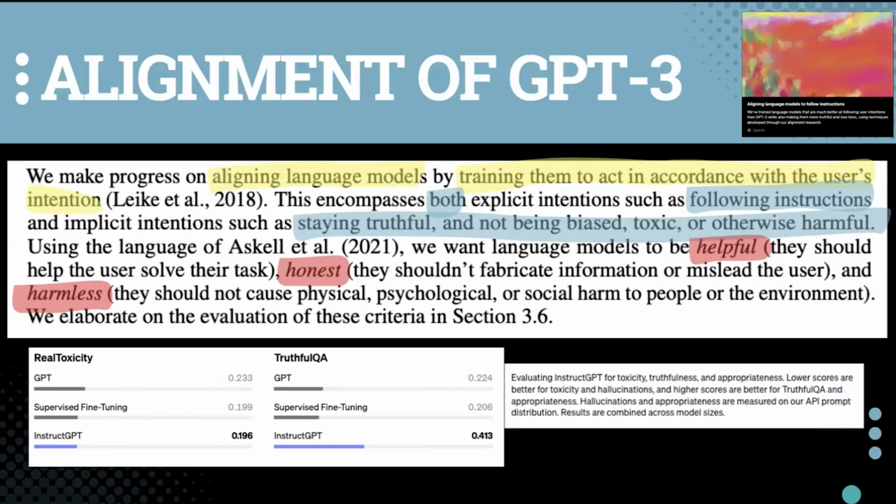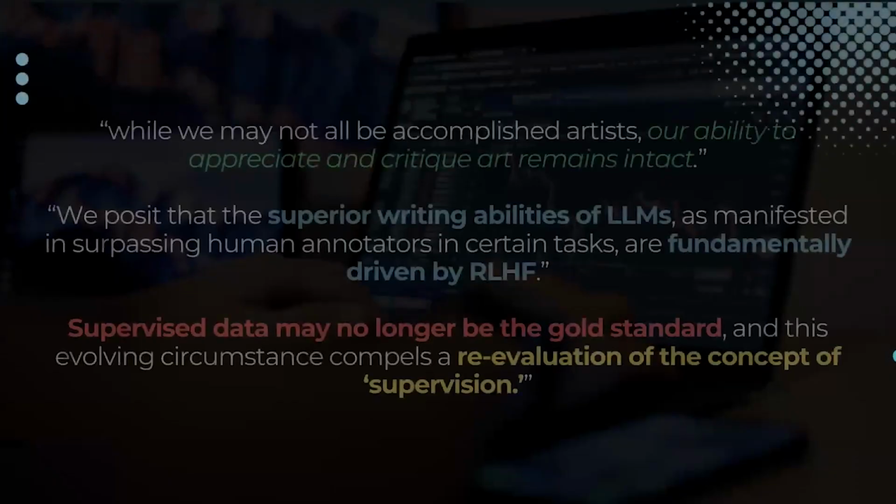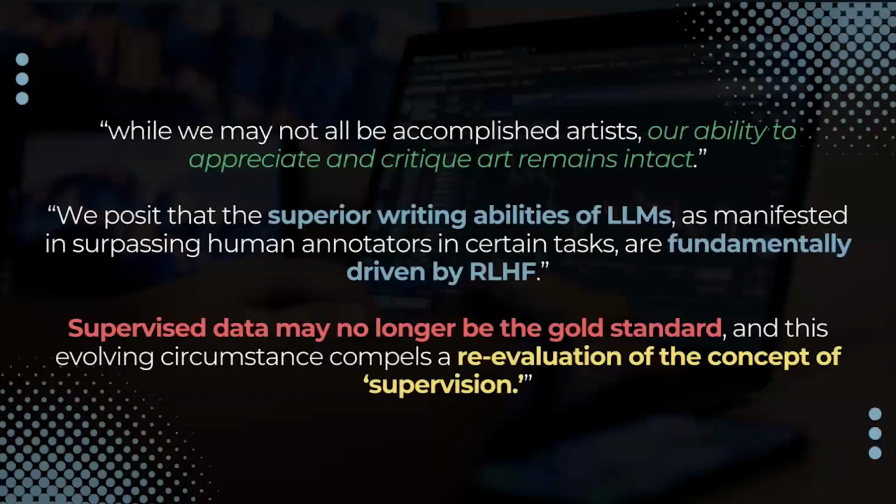And one of the things, if you read the Llama 2 paper, that is just so striking, is they say this. They say, while we all might not be accomplished artists, our ability to appreciate and critique art remains intact. True.